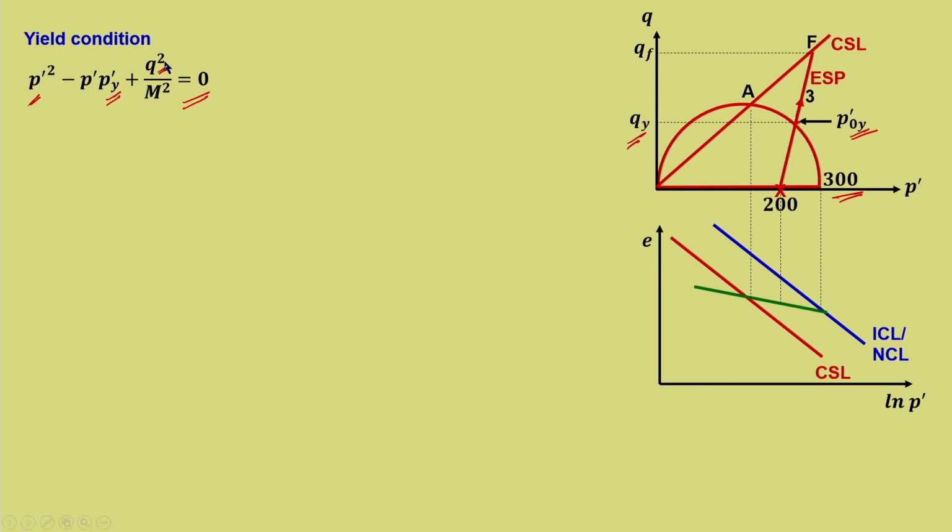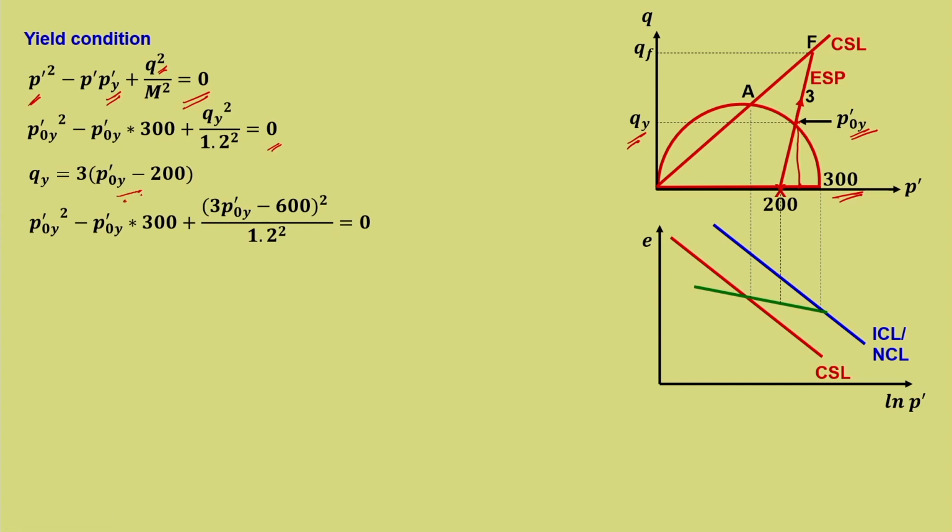If you substitute, M the value is known. So it will be p naught dash y square minus p naught dash y into 300 plus Qy square by 1.2 square equal to 0. Qy from the geometry we know is 3 into p naught dash y minus 200. Just follow the geometry, if you drop here, that is what you will get.